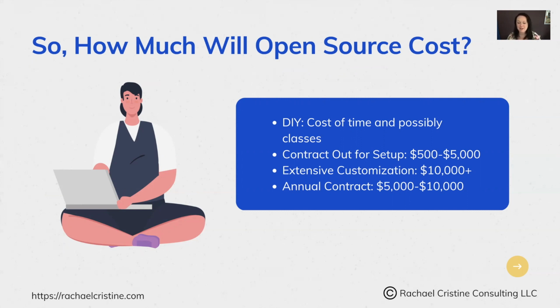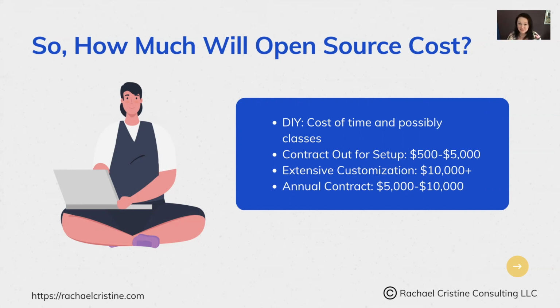In fact, it probably would be more expensive to pay for how much server space you're taking up for the database and your items than it would be for the cost of them installing it. So for that initial installation, anywhere from $500 to like $5,000, again, depending on how much server space you need and how much customization you want.